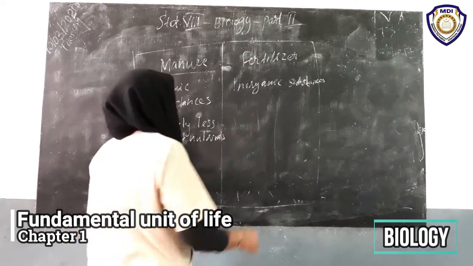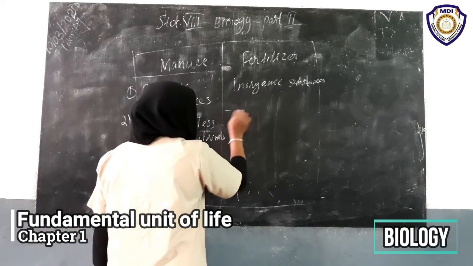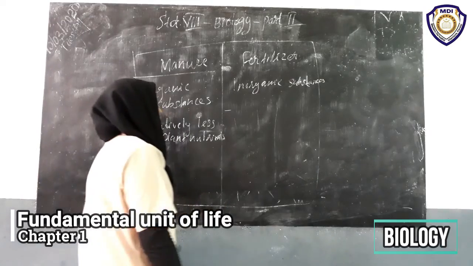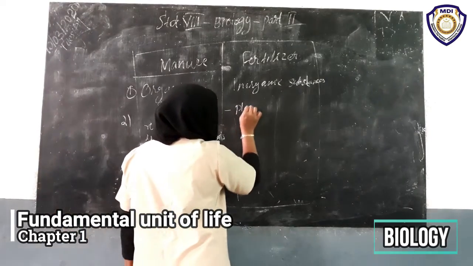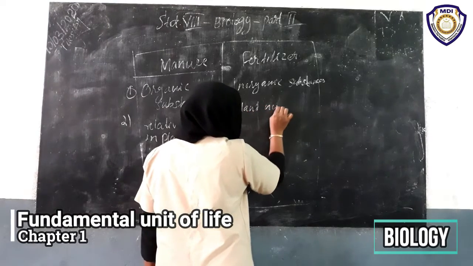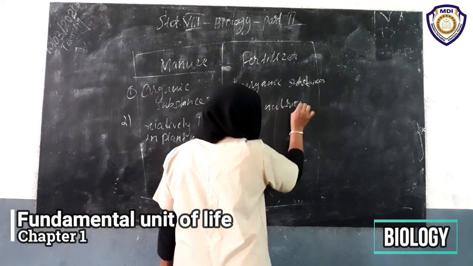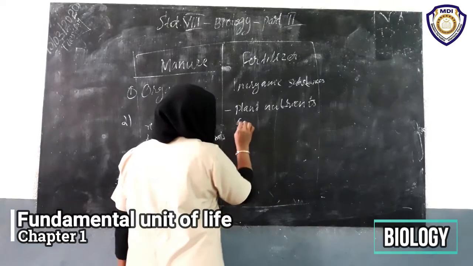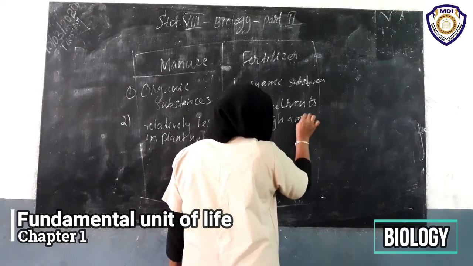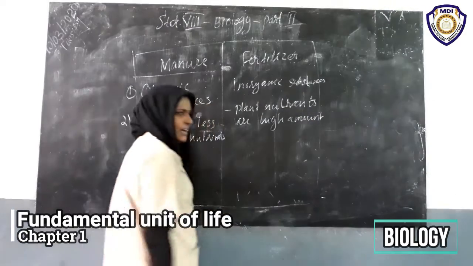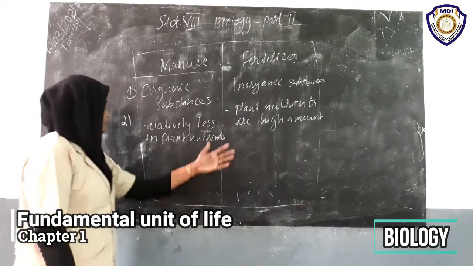So here, in fertilizers, plant nutrients are comparatively in large amount, a high amount: nitrogen, phosphorus, potash, etc.